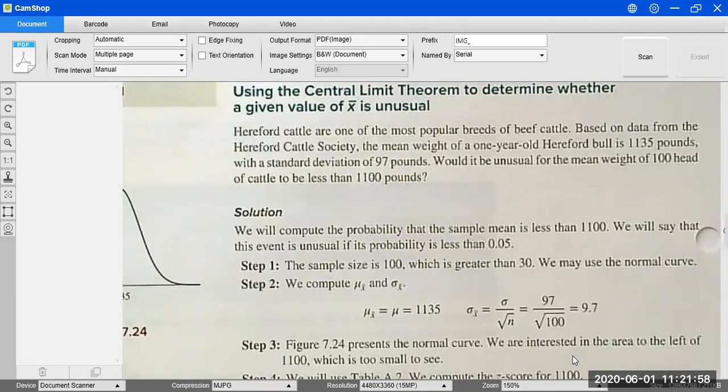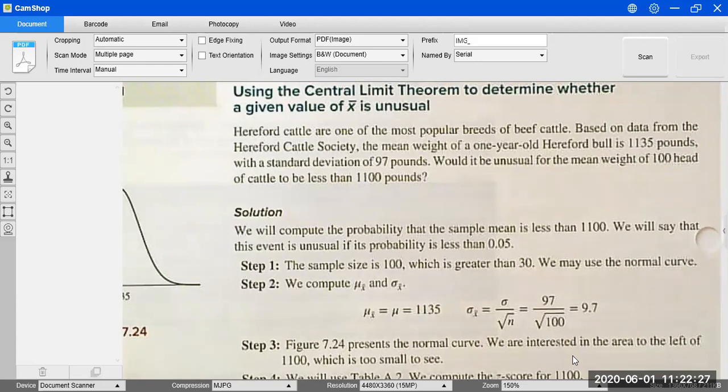The problem is about a certain brand of cattle, which is one of the most popular breeds of beef cattle. And based on data from the corresponding society, the mean weight of 1-year-old Hereford bulls is 1135 pounds with a standard deviation of 97 pounds. So that's the population of bull weights.